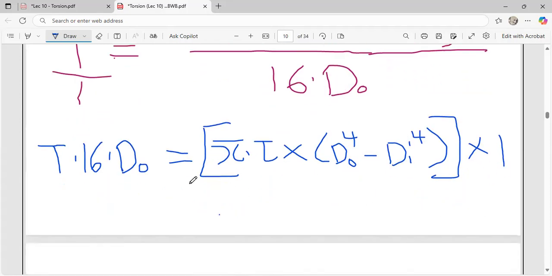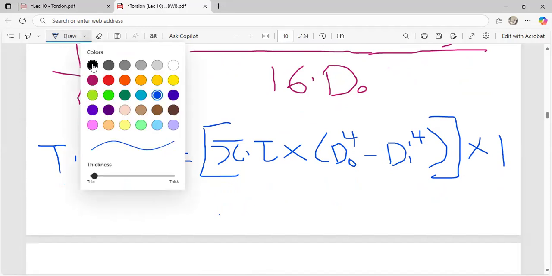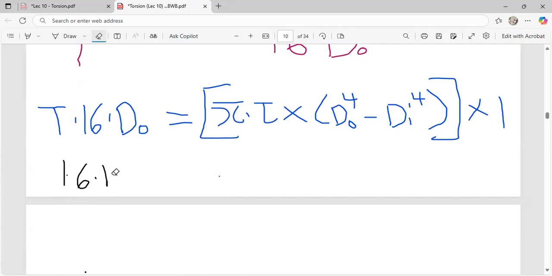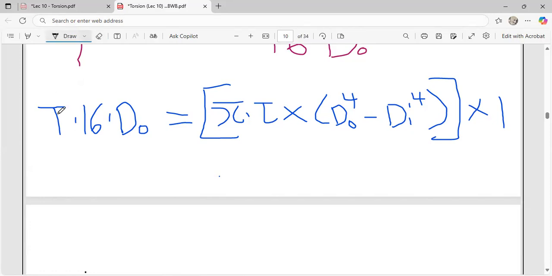So at the end of the day, you realize that we are going to be getting a relation such as 16 d subscript O. Or we could still leave it like that. It will still be the same thing.